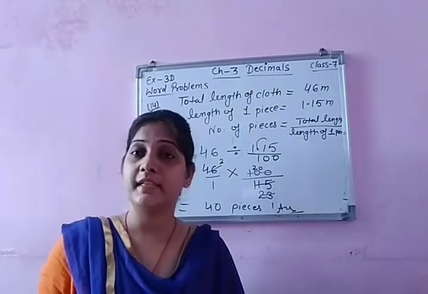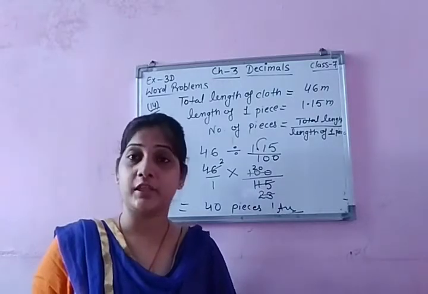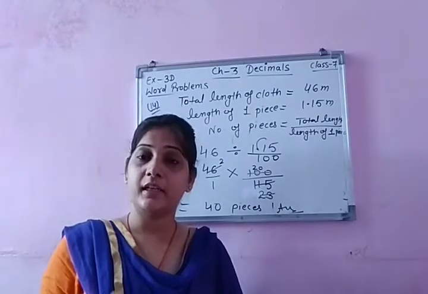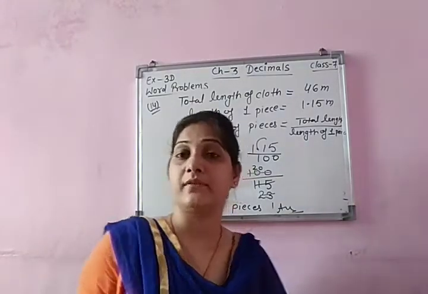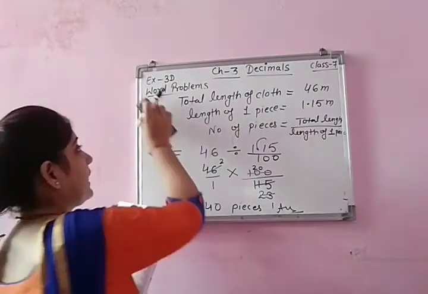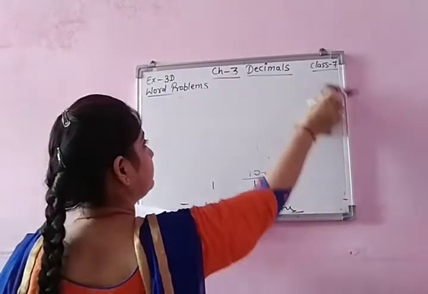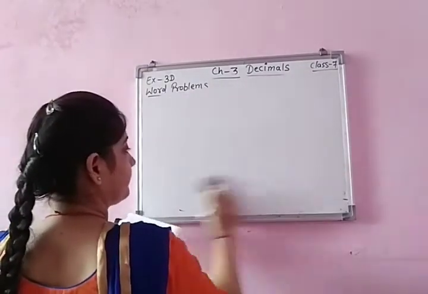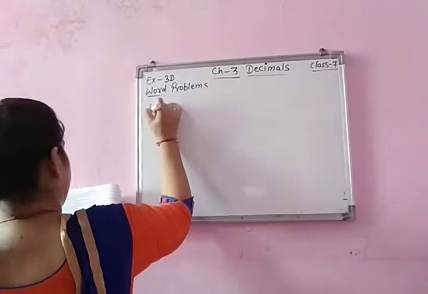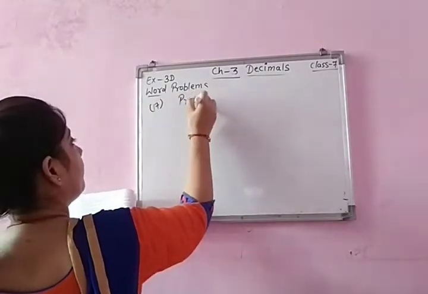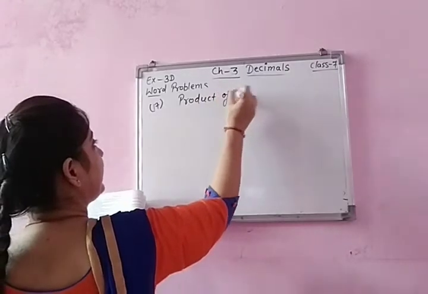Okay. Now I am telling you the last question, that is question number 17. The product of two decimals is given. One of them is given. Find the other. This is the last question. 17. Product of two decimals.